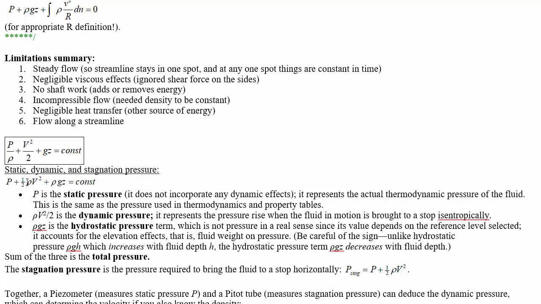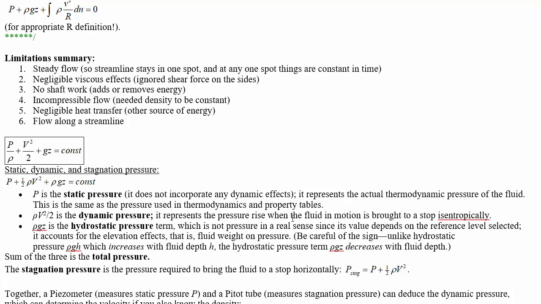Next up, this rho v squared over 2 term is called the dynamic pressure. This is an increase in perceived pressure due to the motion of the fluid. So if you put up your pressure meter in the right way, then you'll actually measure this extra force from the impact of the flow at that point, from fluid coming to rest at that point.